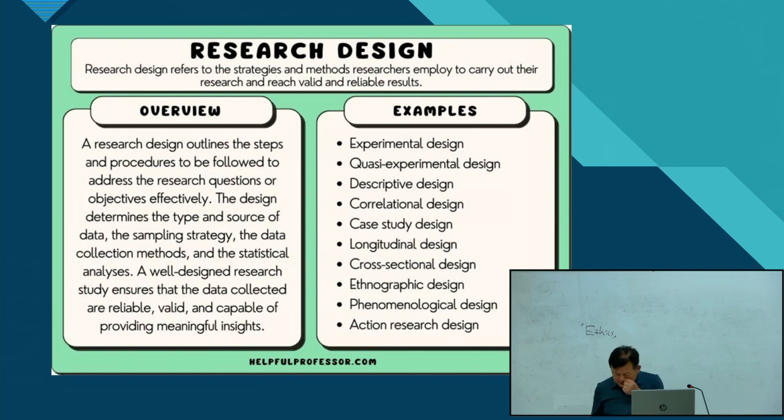Okay, so last week we reviewed the research design. Briefly, the research design refers to the strategies and methods researchers employ to carry out their research and reach valid and reliable results. The very important keywords are valid and reliable.